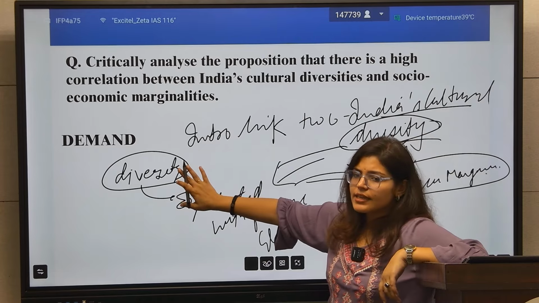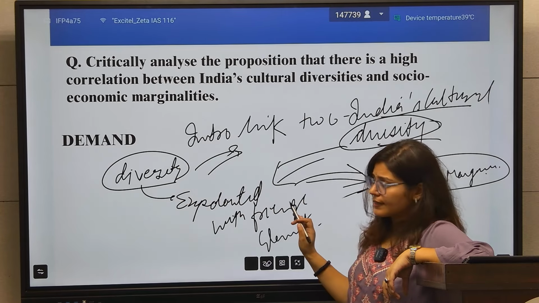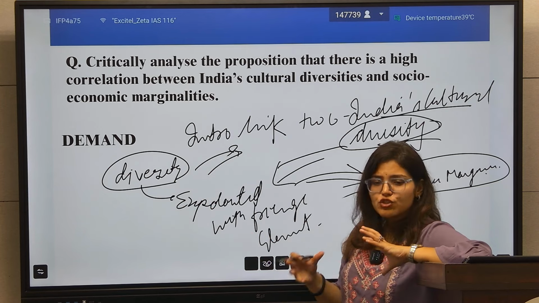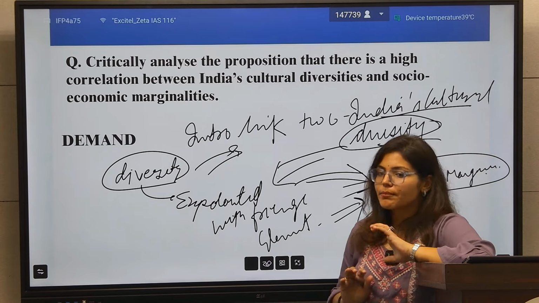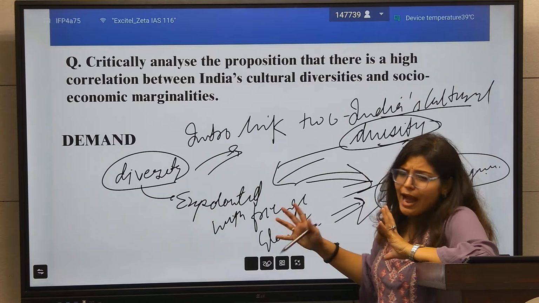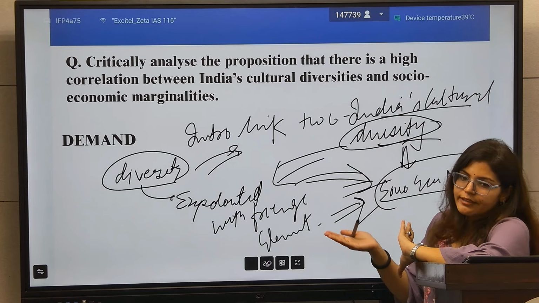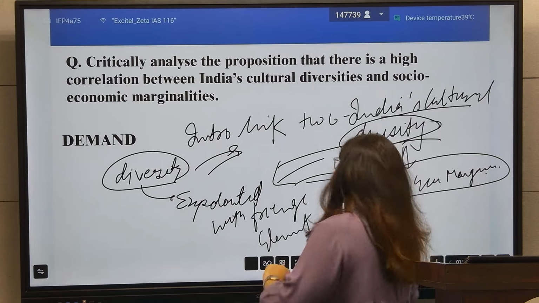Otherwise diversity is not linked to socio-economic marginalities, but if the diversity is exploited by some fringe element, then it may impact the socio-economic marginalities. So in this way you have to link both the terms, India's cultural diversity and socio-economic marginalities, in your intro part.